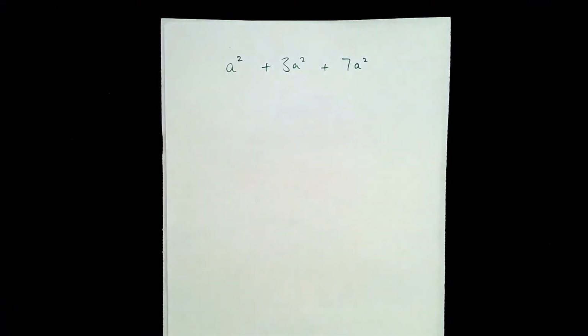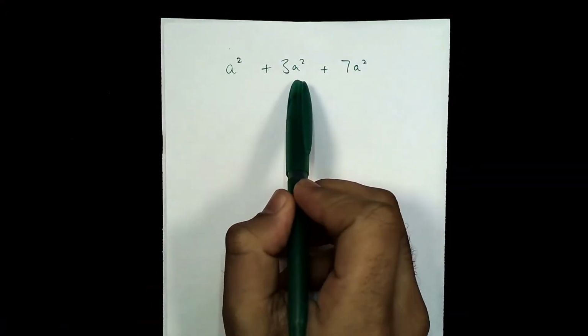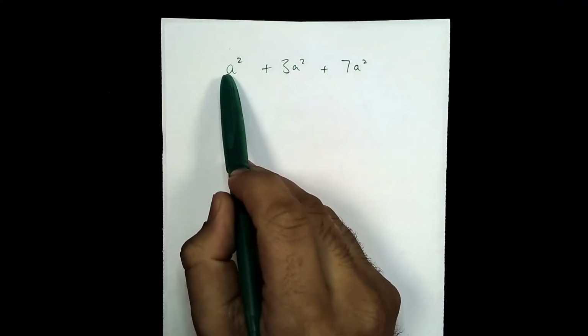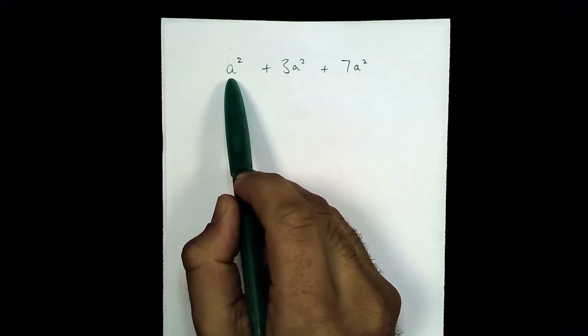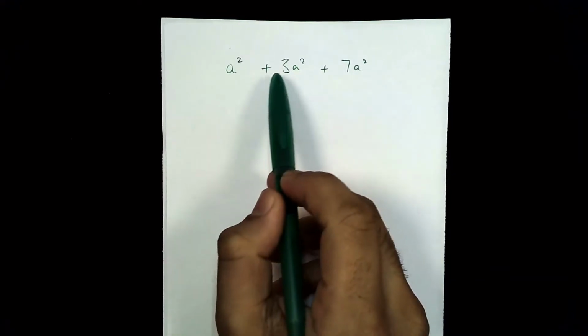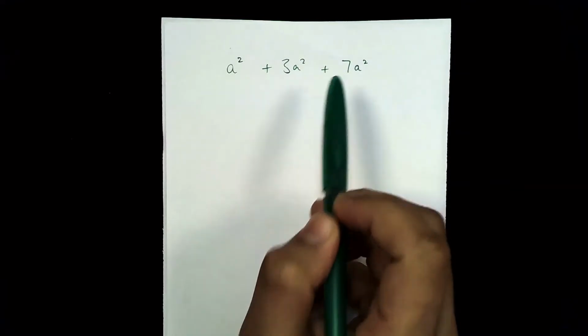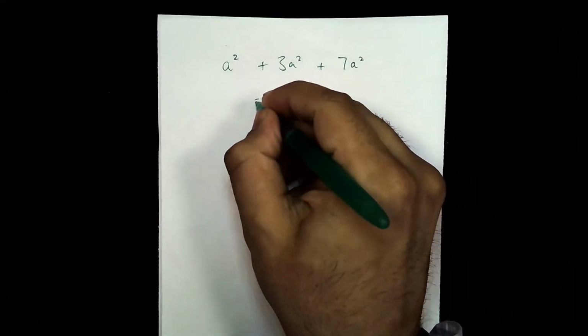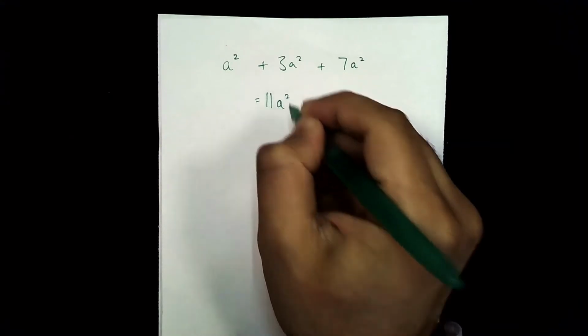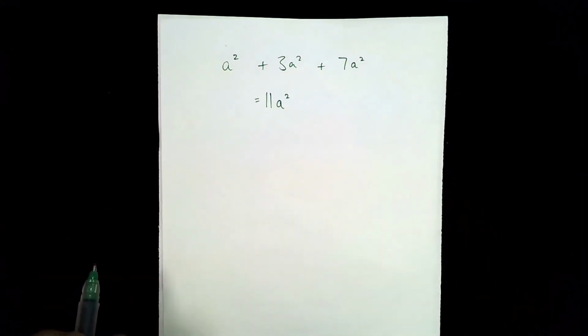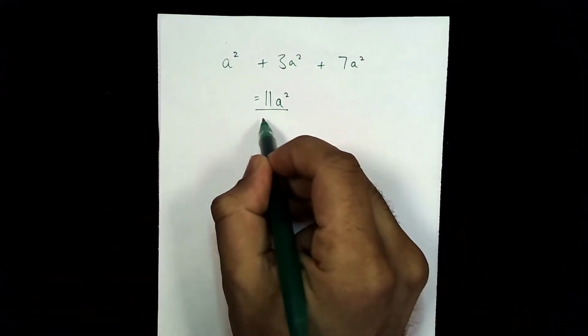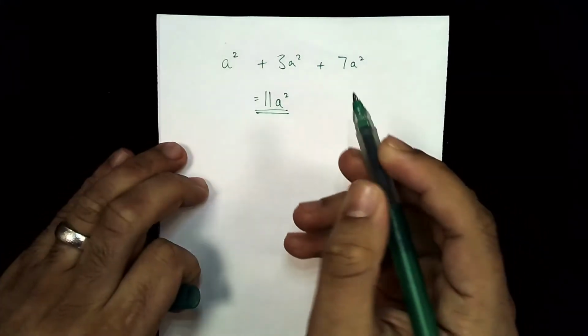So that means you bring together all the a squareds. So I've got a squared, remember when it's on its own, that's 1. So 1a squared plus 3a squared, so that's 4 so far, plus another 7a squared gives me 11a squared. Okay? And that is that answer.